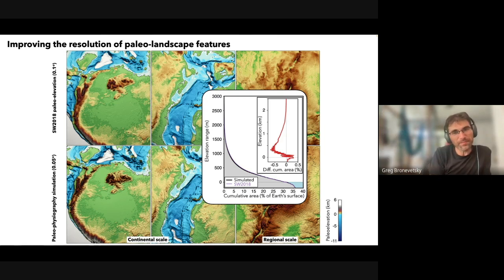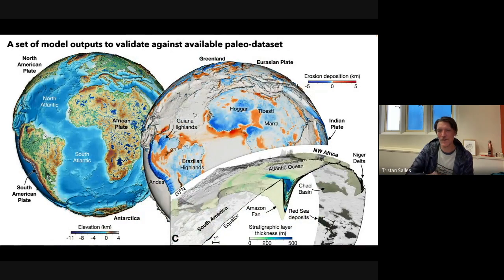Okay, thank you. But just to give you an idea of the outputs, I talked already about the drainage river and the lakes. We also have access, over time, to the evolution in terms of erosion and deposition, and we are also recording the stratigraphic layers.